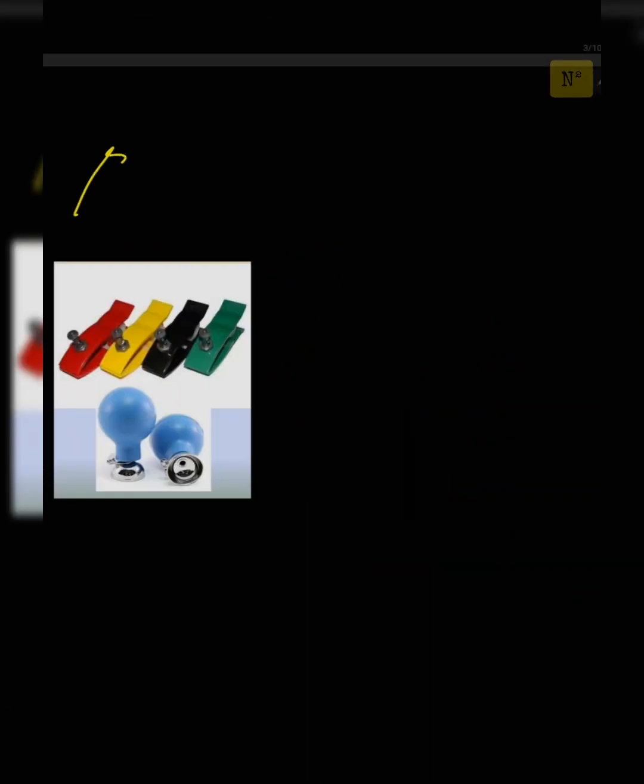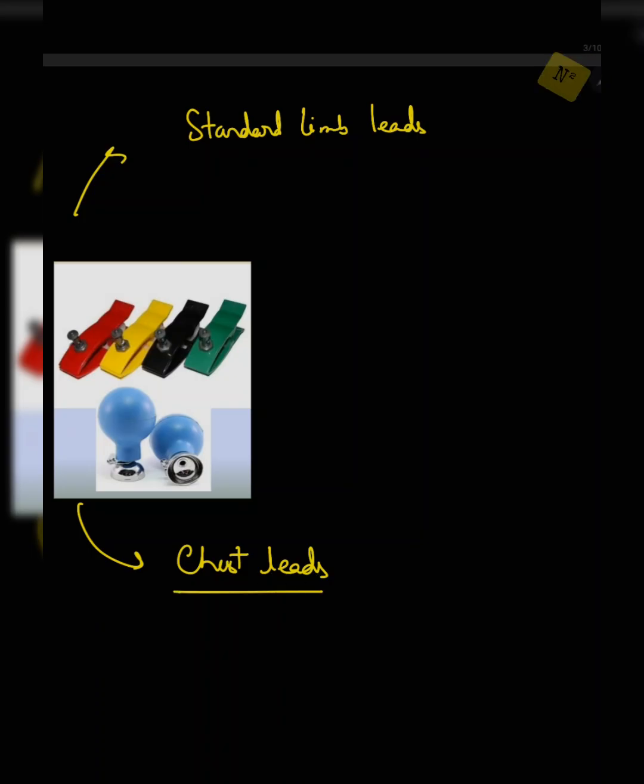So in short, we can say there are 2 different varieties of leads. One is the standard limb leads, and another is chest leads. We have standard leads as lead 1, lead 2 and lead 3.